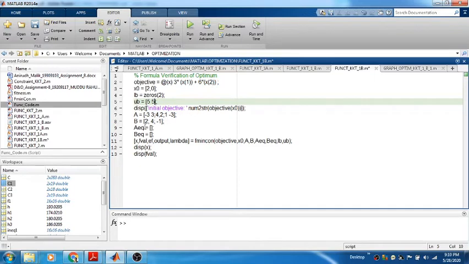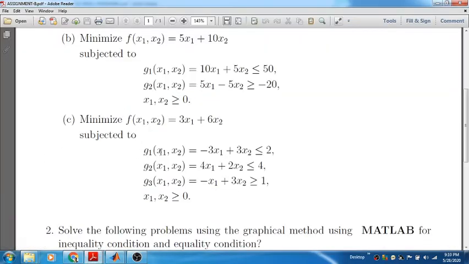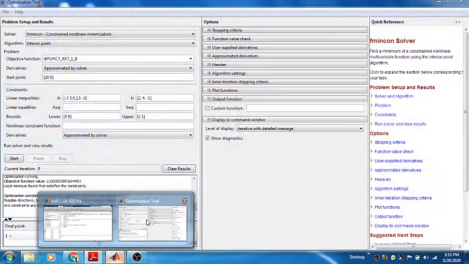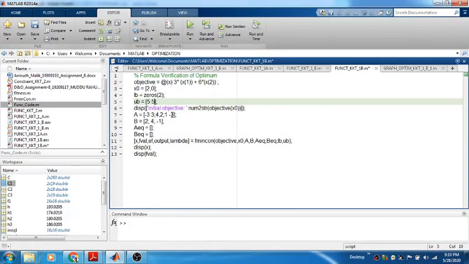Okay, the most important part here: if you see a and b, what will be a here? For this function, a is the coefficient of x1 and x2, so that is -3, 3, 4, 2, here plus 1 and -3. You can see the coefficient here is the same way, right?